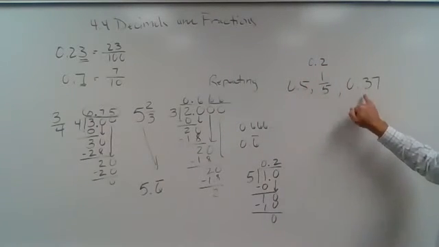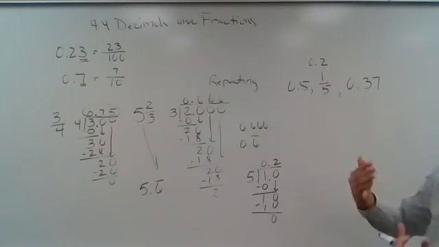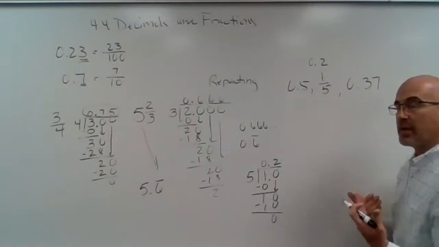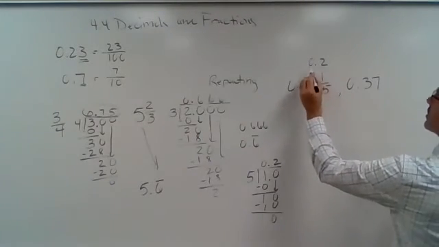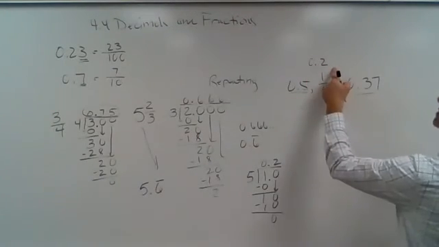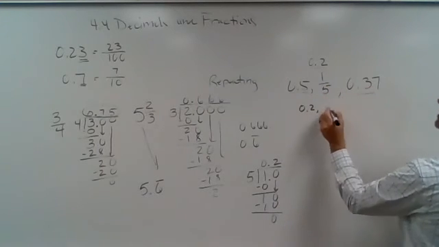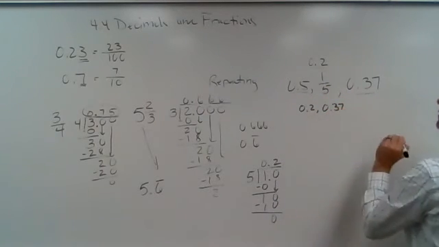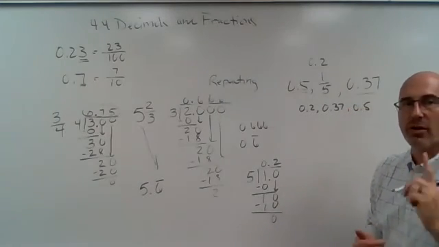Now I can look at these 3 decimals and see which one is the least, which one is the biggest. So 0.2 is the least, and then 0.37, and then 0.5.